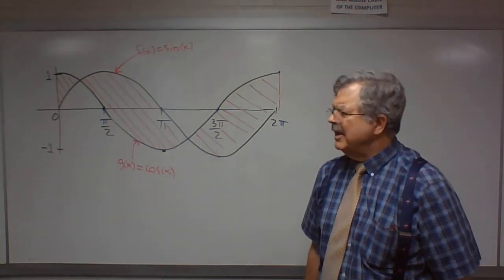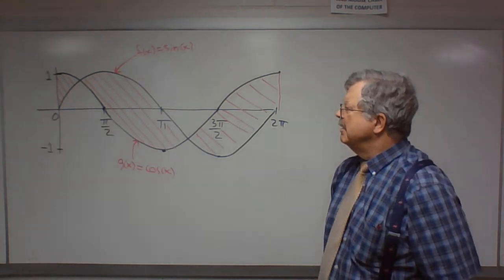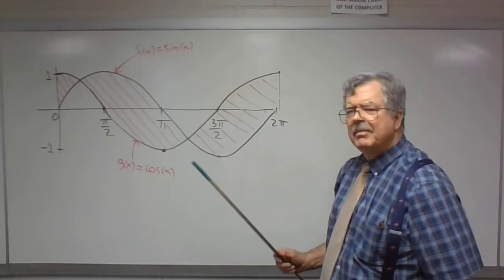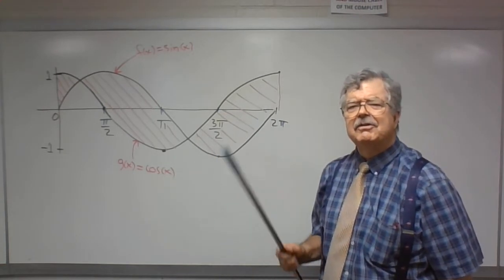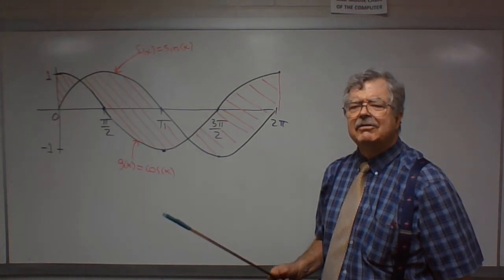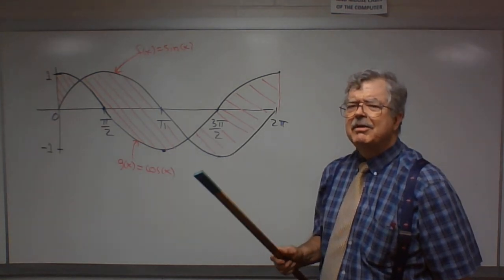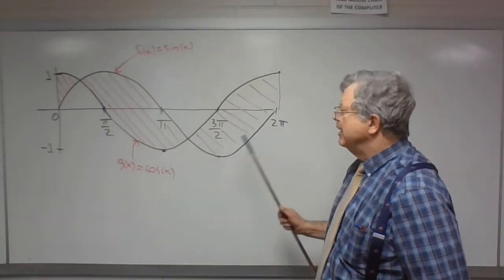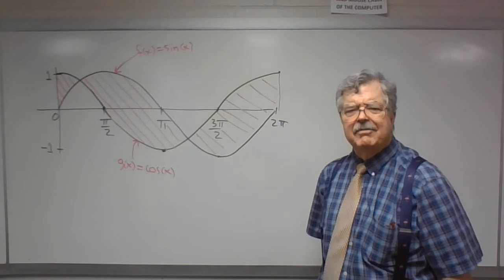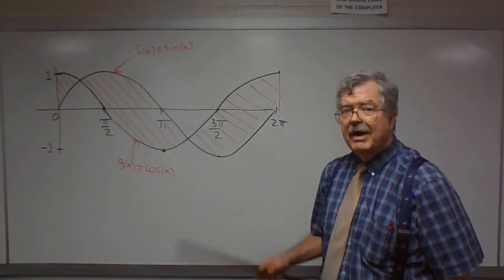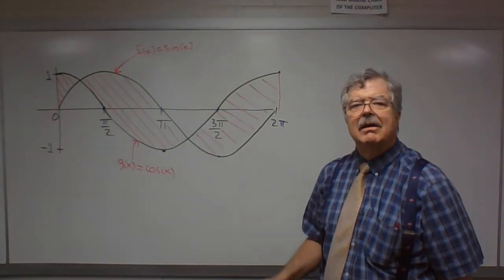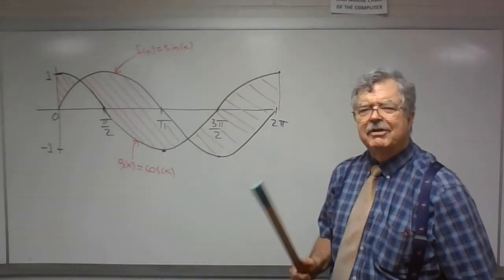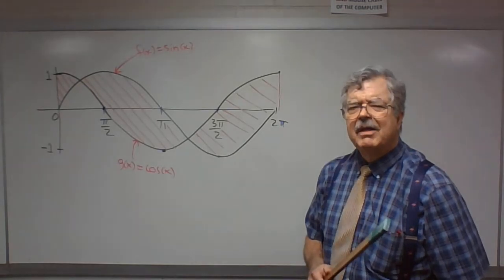The formula says that for continuous functions f of x and g of x, the area bounded between those functions is the integral from a to b of f of x minus g of x, where f of x is the larger function and g of x is the smaller function.